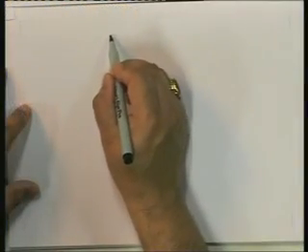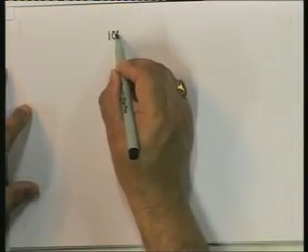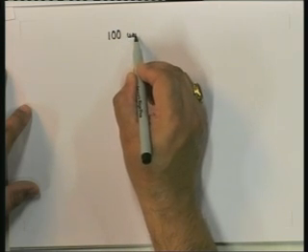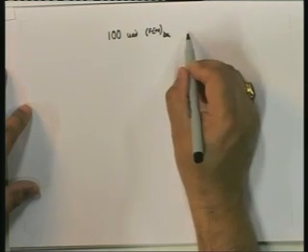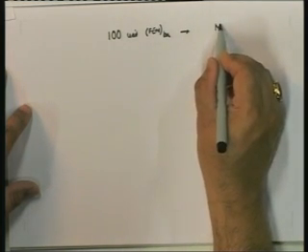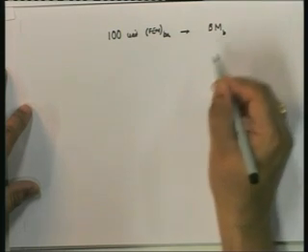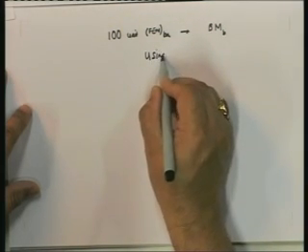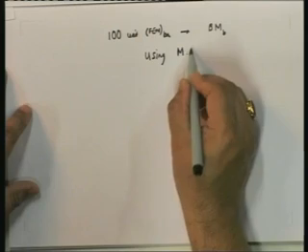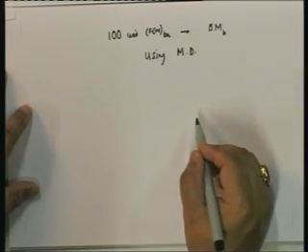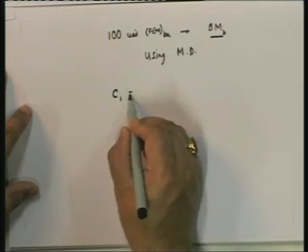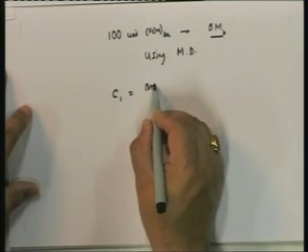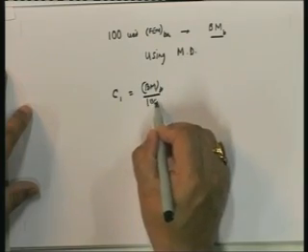Well, all I need to do is apply 100 units fixed end moment and find out what the bending moment at B is using moment distribution. Okay? Whatever I find, then C1 is equal to BMB upon 100.